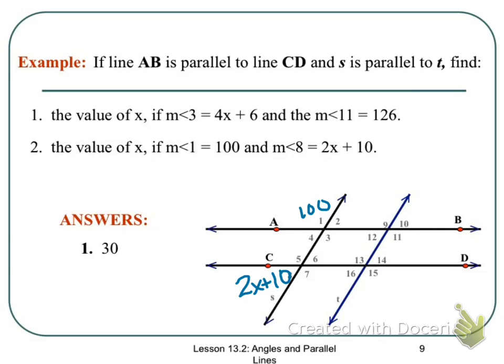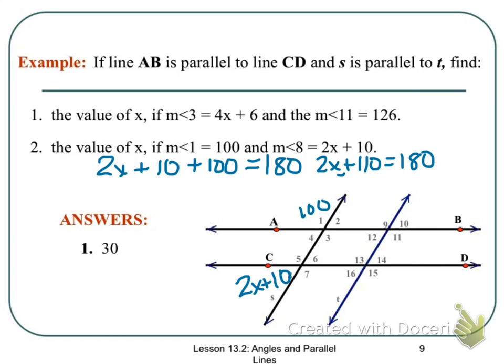So 2x plus 10 plus 100 equals 180. And if we subtract 110 from both sides and divide by 2, x is equal to 35 degrees. Okay, so it's understanding those relationships, and they are written down and defined on your slides.